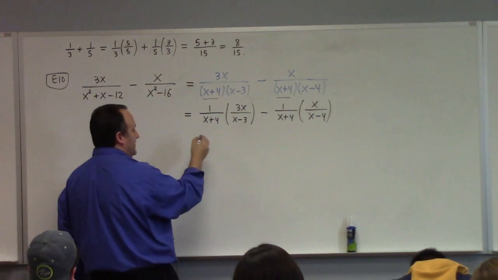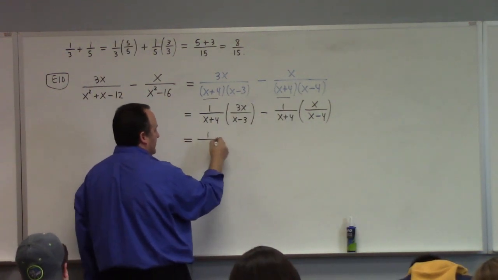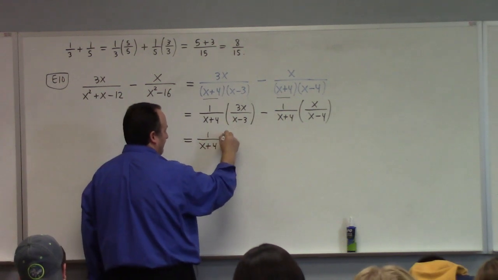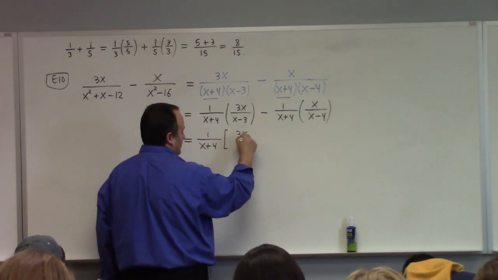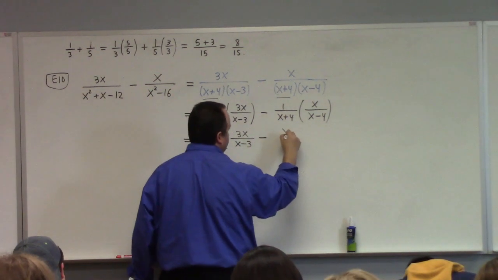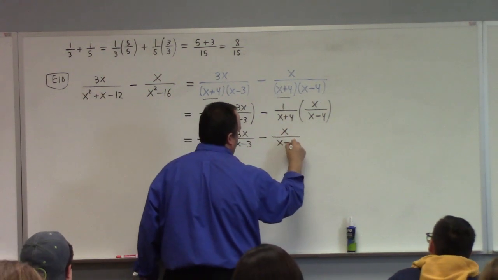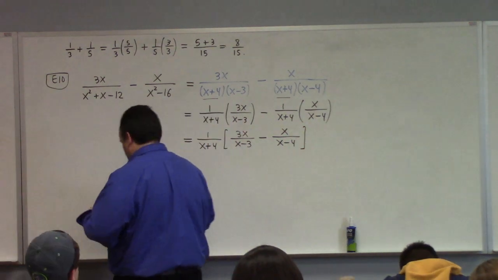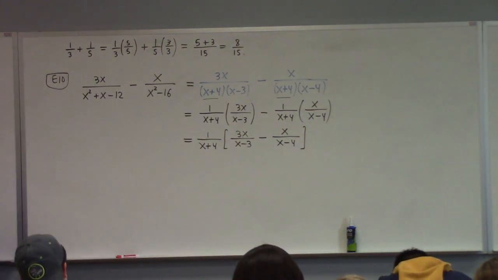So in view of that, we can factor out 1 over x plus 4 times what's left here. Does that make sense?